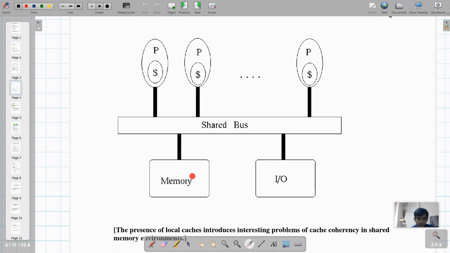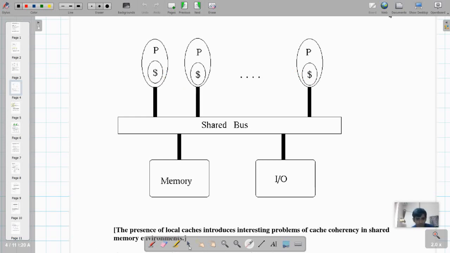Then you have a centralized shared memory which can be used by different processors through an interconnection network. However, all the processors had their native caches attached to them, which actually resulted in the cache coherence problem.